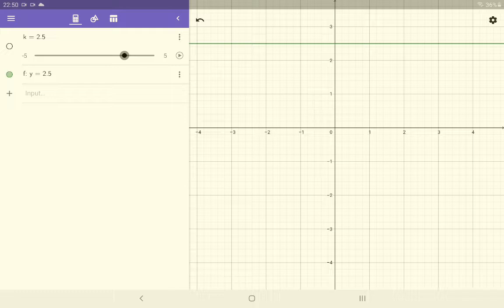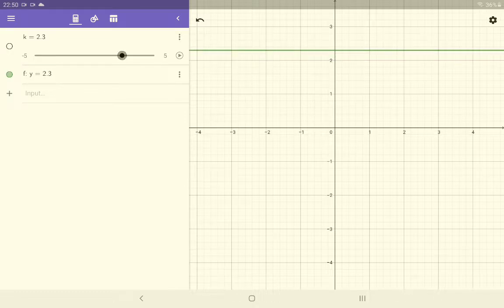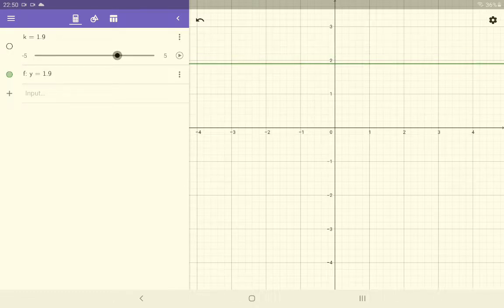It means, suppose I want a graph at exactly 2. If my value of k is 2 here, then I can say the range for this function is 2 only.